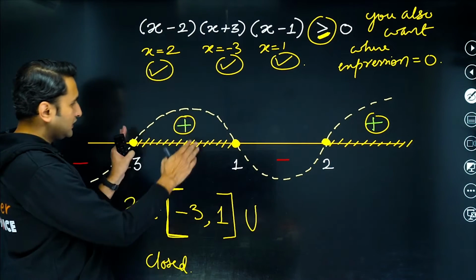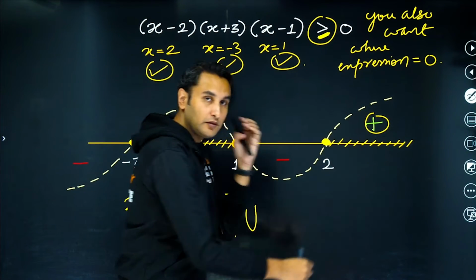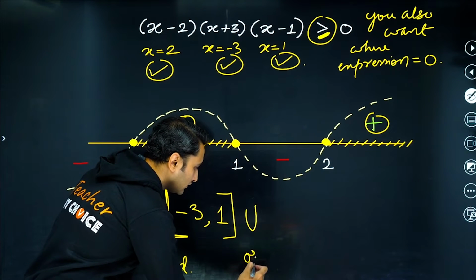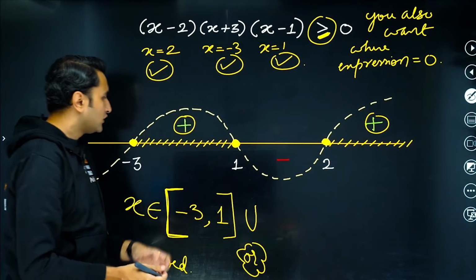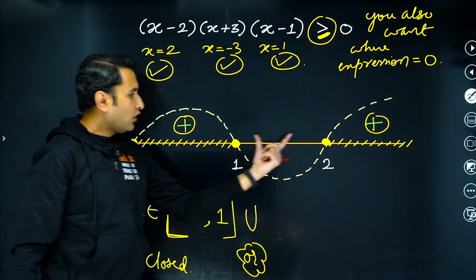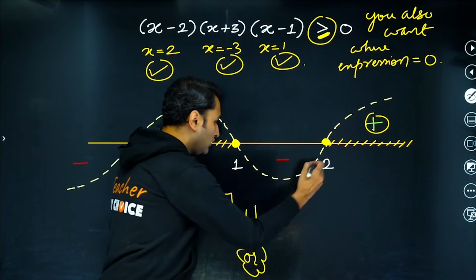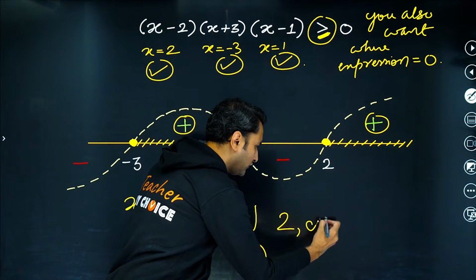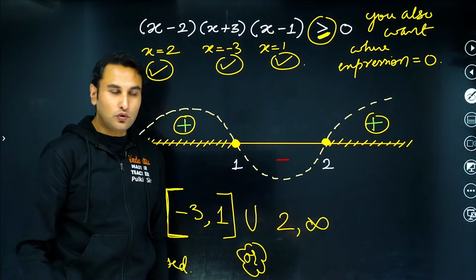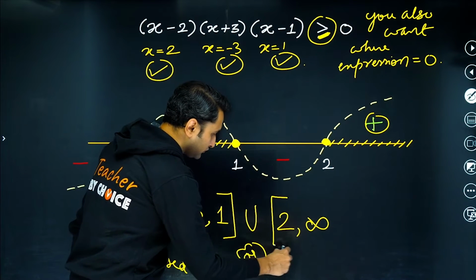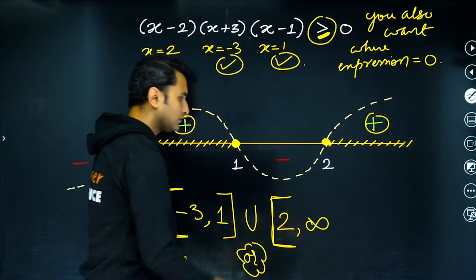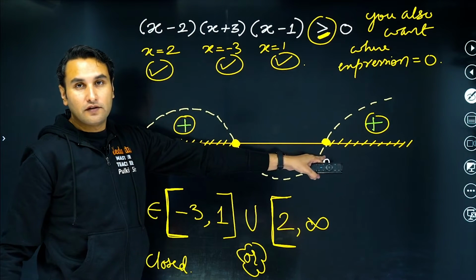Union. Either this or that. Union means or. So either x lies here or x lies there. So 2 to infinity. Should I include 2? Yes, I can include 2, because 2 will make it 0.